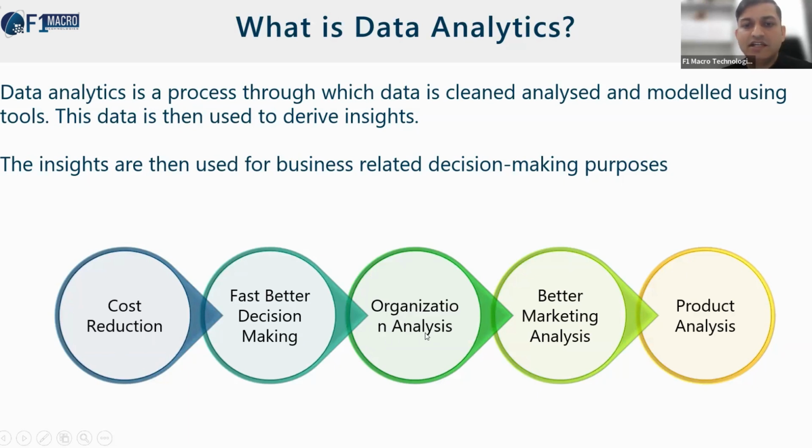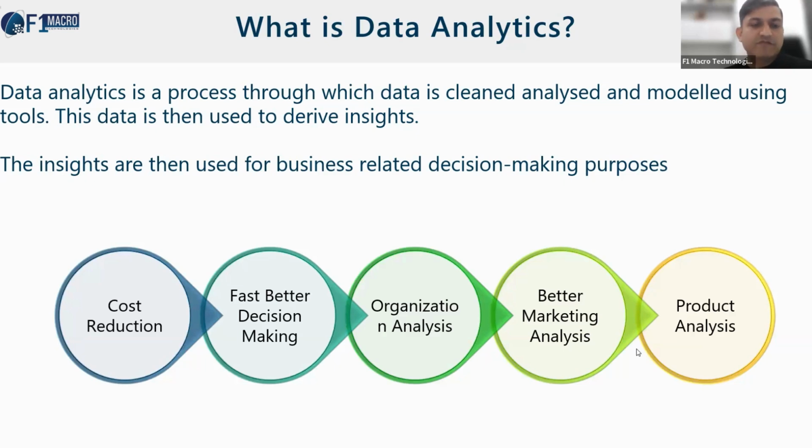Organization analysis: for example, if we want to hire someone, do we have the capacity and the budget? We can answer that using the data. We can do marketing analysis, competitor analysis as well. For example, if I'm selling Horlicks, there are different products in the market from different companies, so we can do marketing analysis and product analysis.